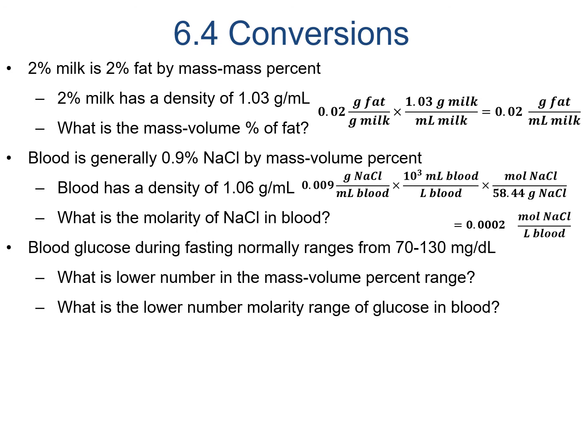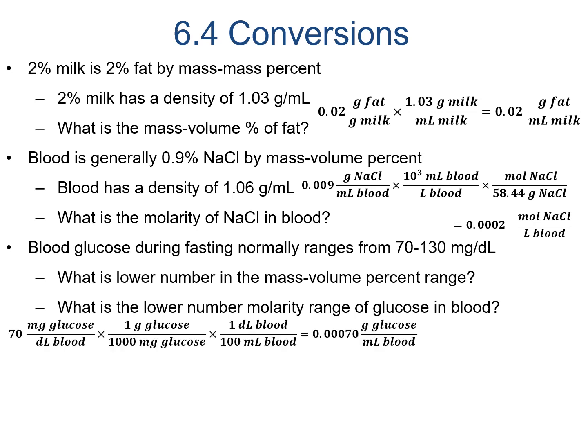The first conversion is to mass volume percent, which has units of grams per milliliter. This is a set of two straight metric conversions, milligrams to grams, and then deciliters to milliliter. The product is 0.00070 grams of glucose per milliliter blood, or a 0.070% mass volume solution.